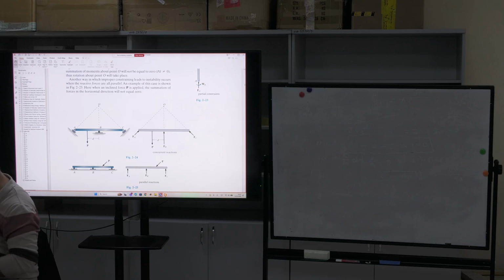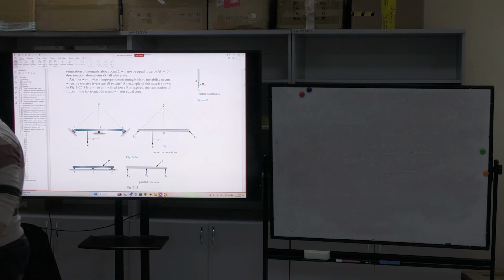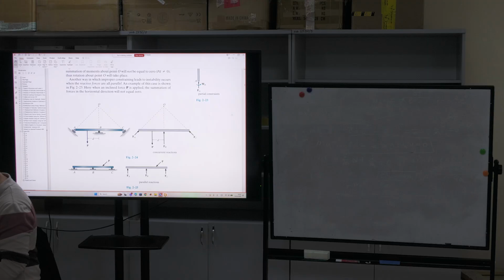It means how many equations of motion do we have? 3, yes? So that's the reason. Now in our case, our system is statistically determinable. Is it clear?